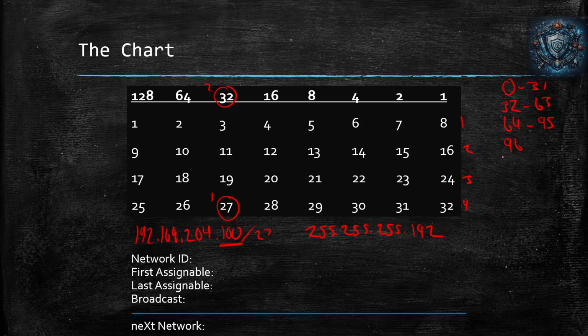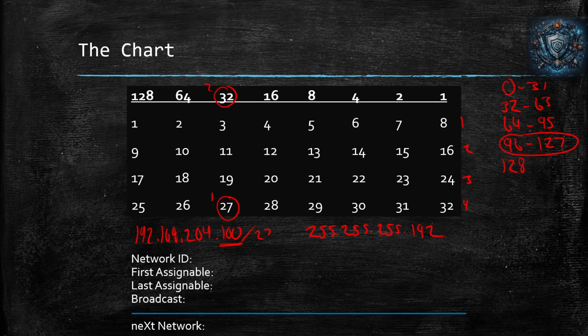What about 96 to 127? Oh, well, by golly, wouldn't you know it? 100 falls between 96 and 127. So now we have the range that this /27 network is a part of.